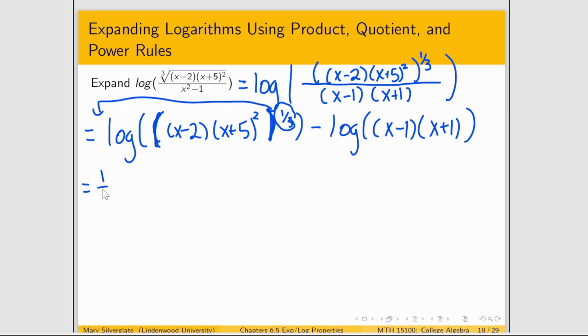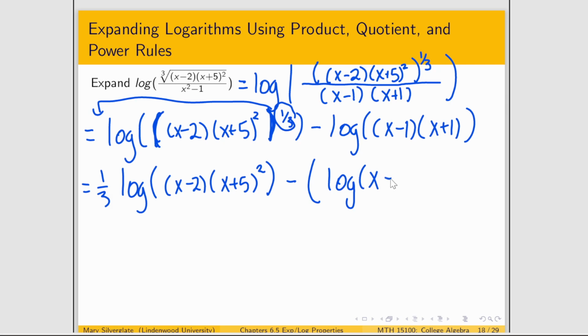So that becomes 1/3 log of x minus 2 times x plus 5 squared, minus parentheses, and then this multiplication inside the log still becomes addition outside the log. So log of x minus 1 plus log of x plus 1. Now I want to continue to break up this log. So here I've got two things being multiplied still inside this log, which will become addition outside the log.